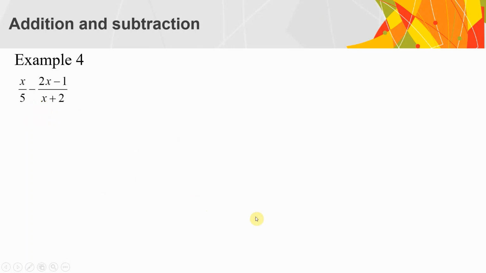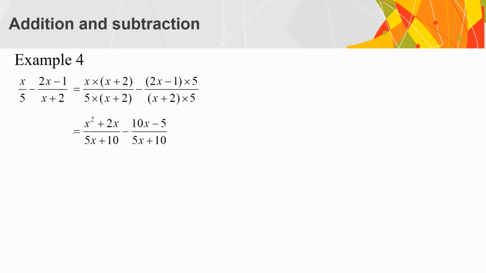For the last one, it's similar to the previous example, but I want to emphasize this minus sign, which many students will make mistakes on. Very quickly, the first step, cross multiply, and after that we expand it. This is the step that I would like all of you to take note of.